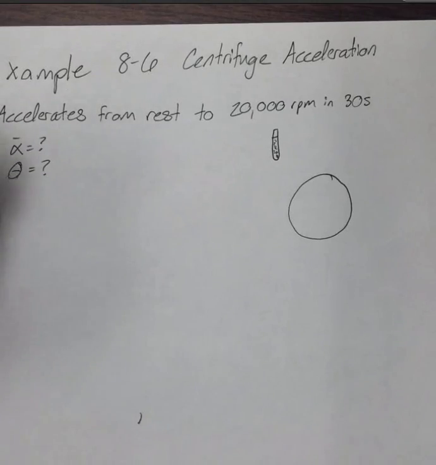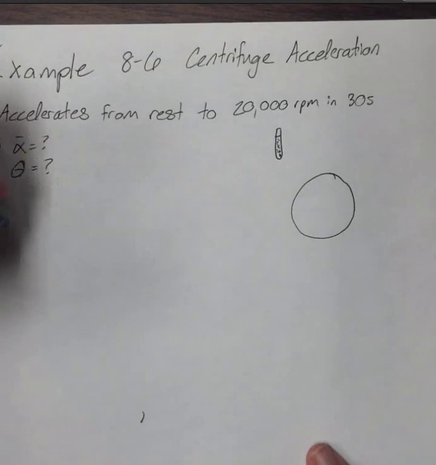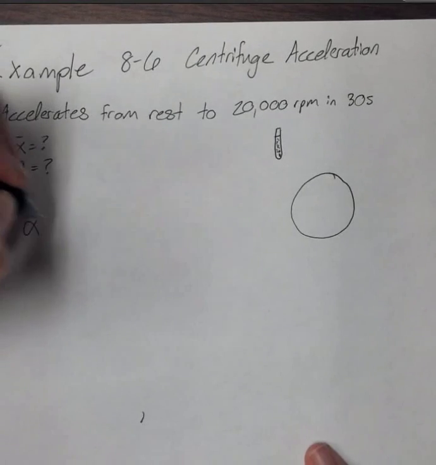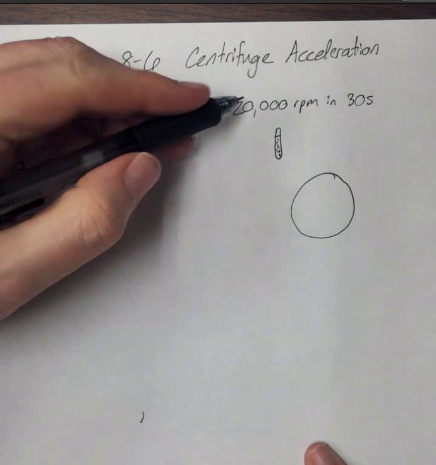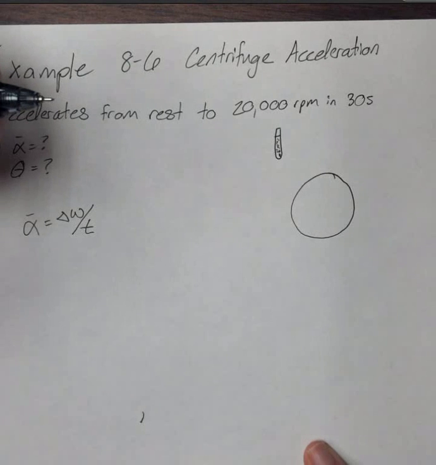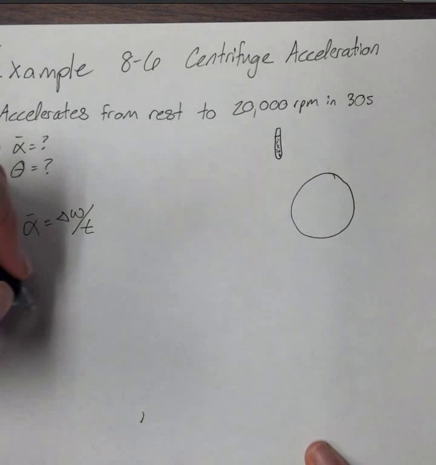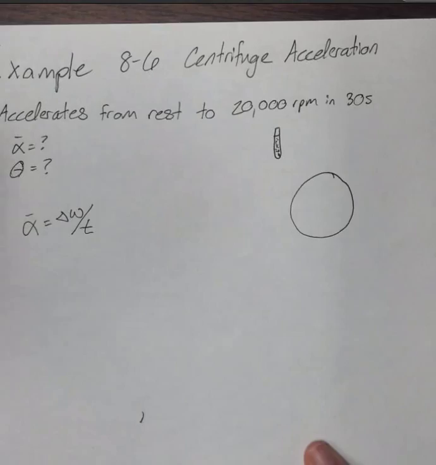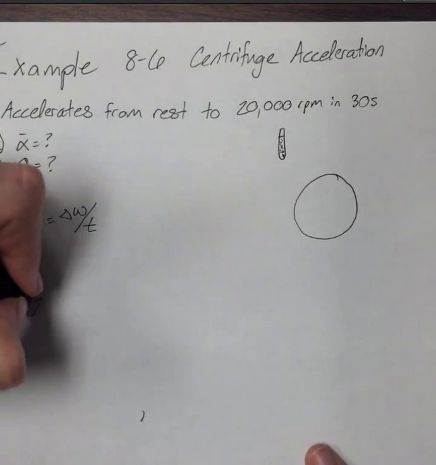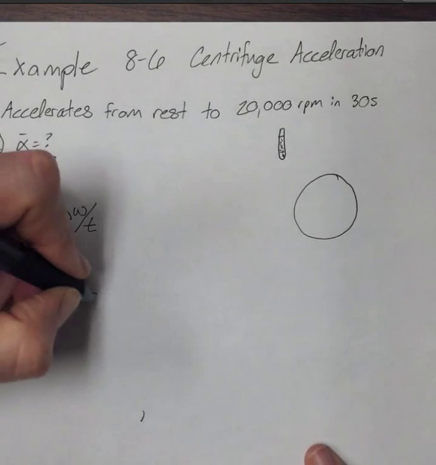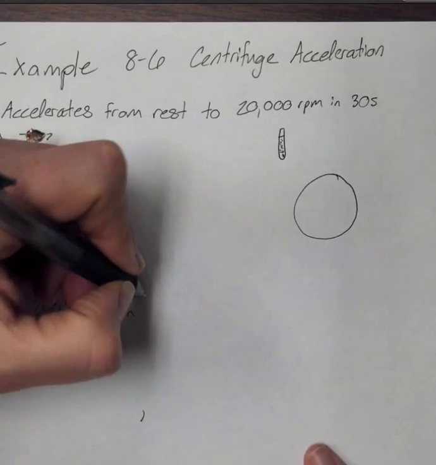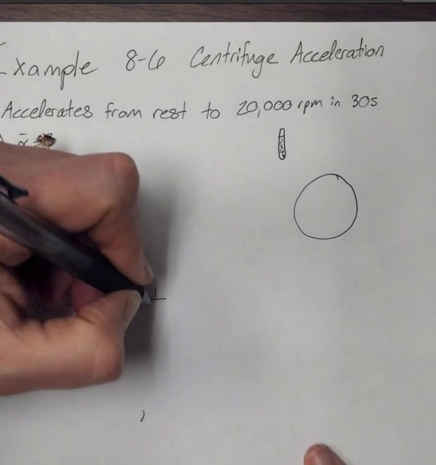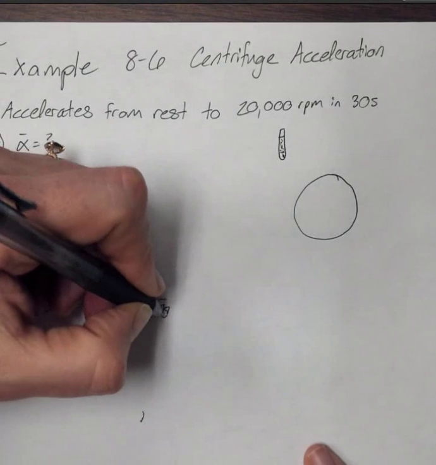So, average angular acceleration is given by the change in velocity over time. And here we've got revolutions per minute, which could be turned into a frequency if we turn it into revolutions per second. So 20,000 revolutions per minute can get changed into frequency.